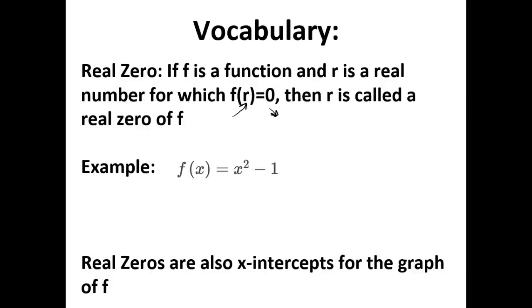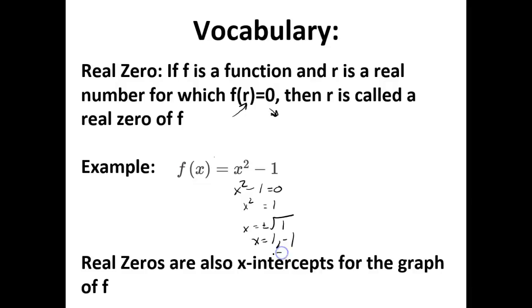As an example, in this example here, what would need to go in to get 0 out? So what x value would go into this to get 0 out? Well, if I solve this, I'm going to get 1 and negative 1.